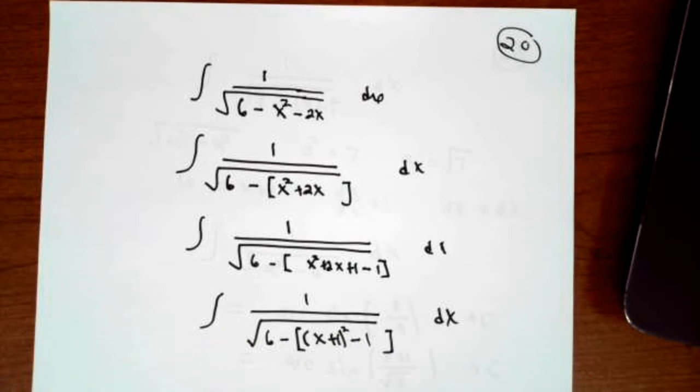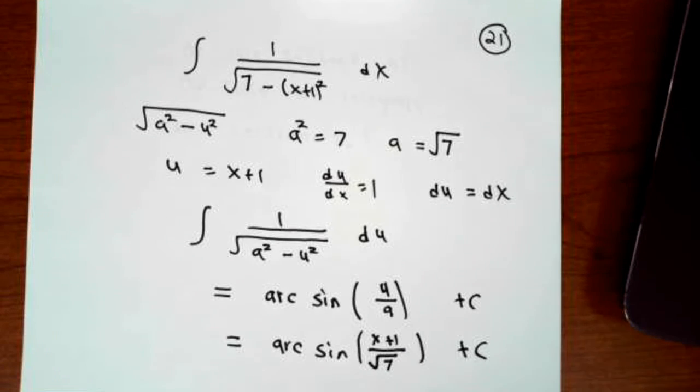I'm going to have a 7 as a constant, and I'll be subtracting away the square of something. So we're going to integrate 1 over the square root of 7 minus x plus 1 quantity squared.